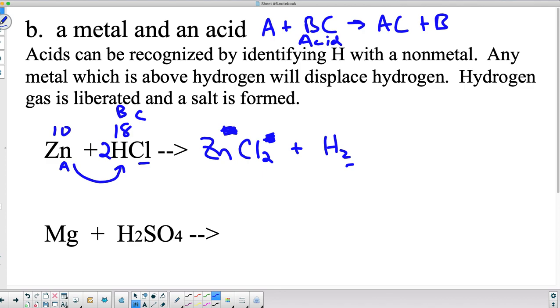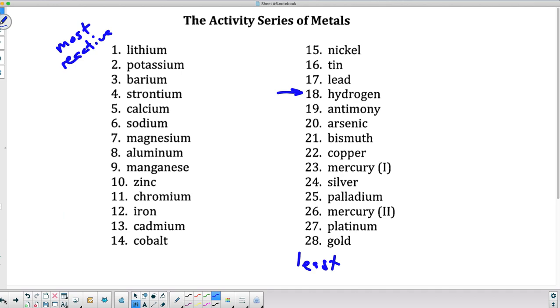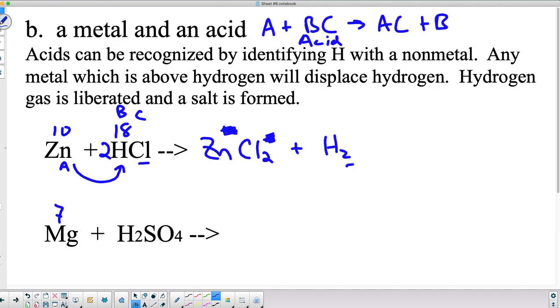Here's another case where I have magnesium, which is 7. There's magnesium at 7, definitely less than 18. Remember, hydrogen's always 18. So it kicks out hydrogen. That means the A comes here, kicks out B, and goes with C. So Mg has a +2 because it's in the second group, and they all have a +2.